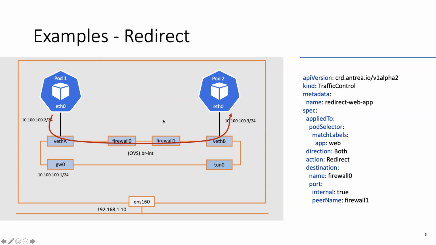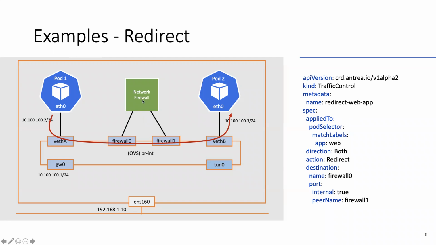And then the user could deploy a network firewall in inline mode, meaning that it could receive traffic from one interface and decide whether it wants to drop it. If it drops it, the traffic will not be sent back to the pipeline.